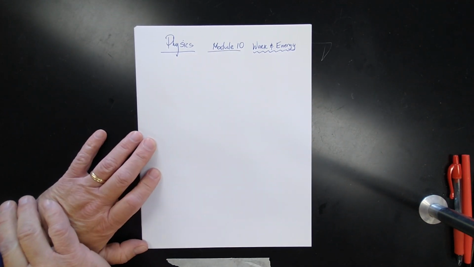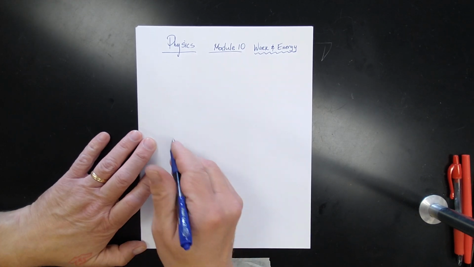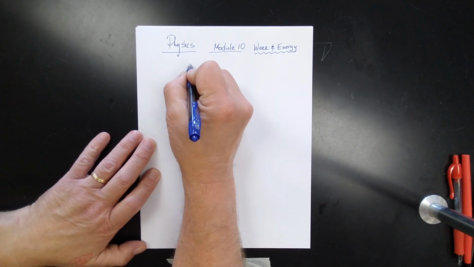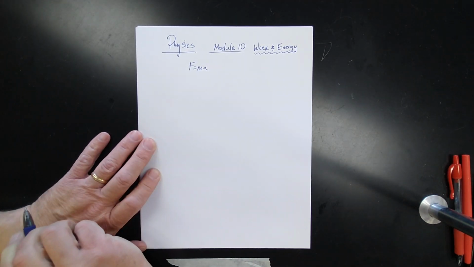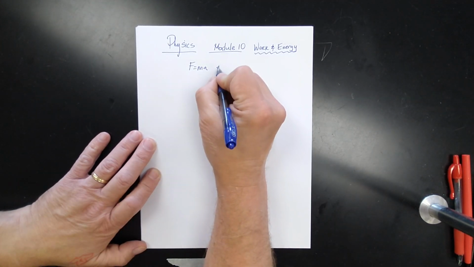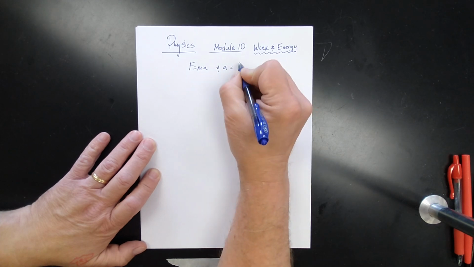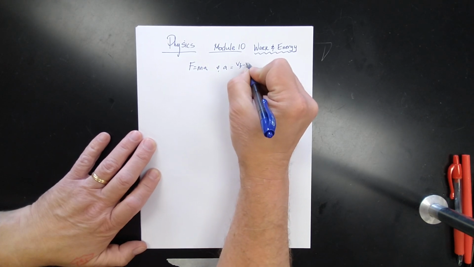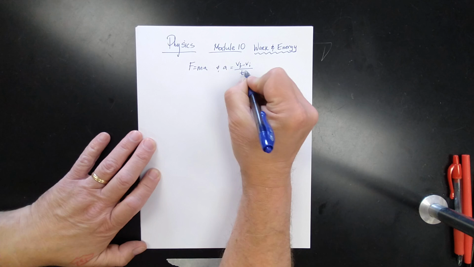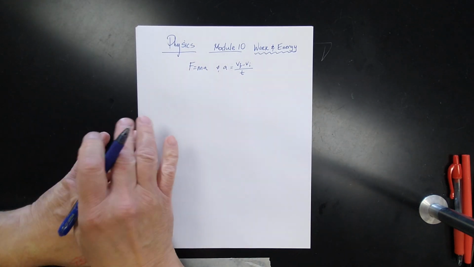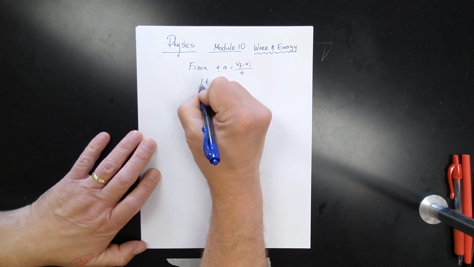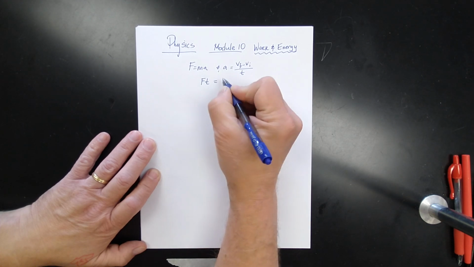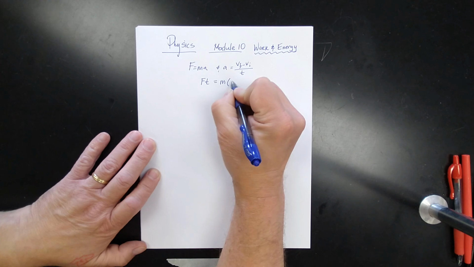First things first, you remember when we went over impulse momentum, we took Newton's second law and combined it with the first kinematic equation, this one right here. And we created the impulse momentum theorem.